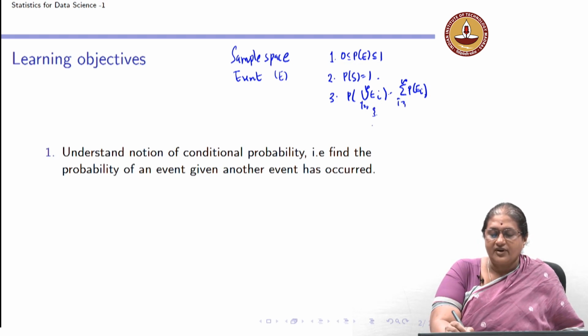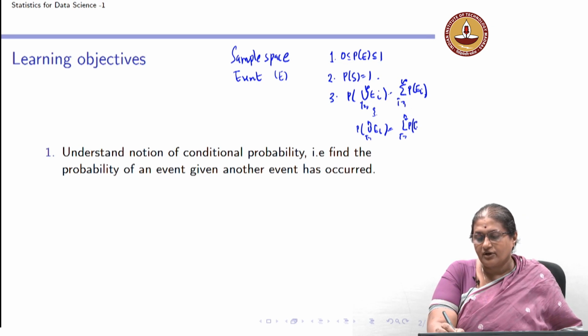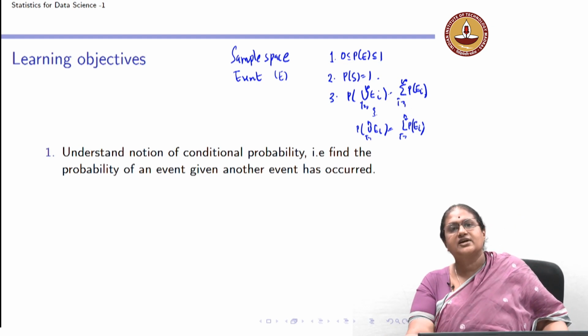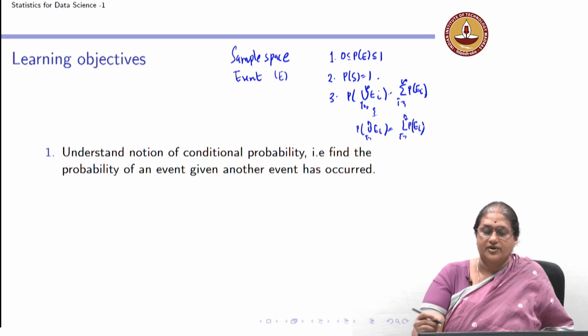From here, we looked at a finite union, and we said that the probability of a union of a disjoint set is the same as the sum of the probabilities.